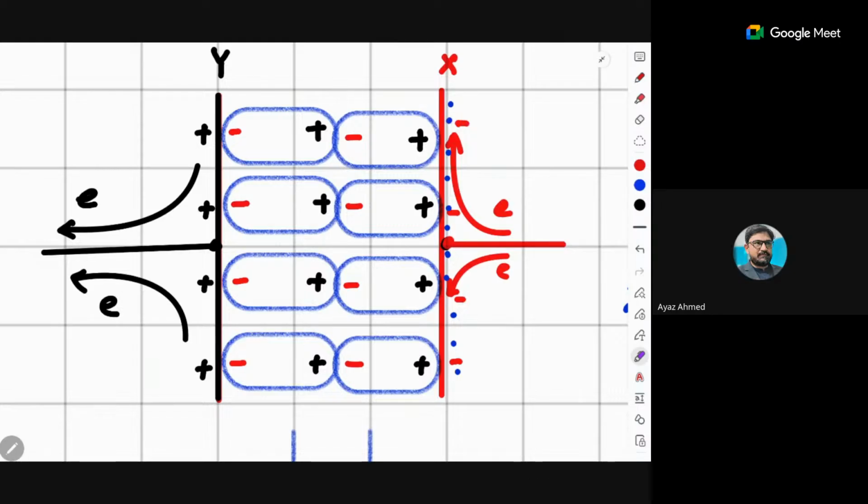Why? Because the negative charges will repel the light charges away, but this material does not have the tendency to move the electrons out, because it is not a conductor. So that is why the electrons are separated out on one side. That is the reason the entire left side of layer one of this material becomes negatively charged, and the layer which is closer to the negative plate becomes positively charged.